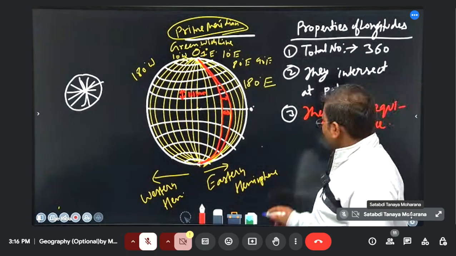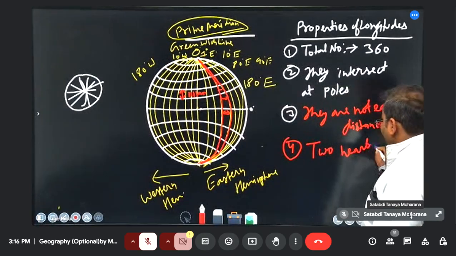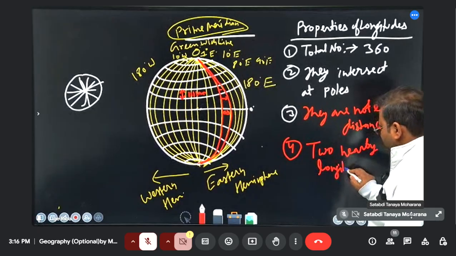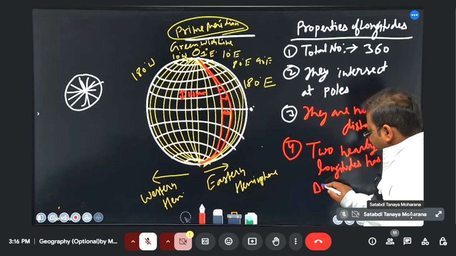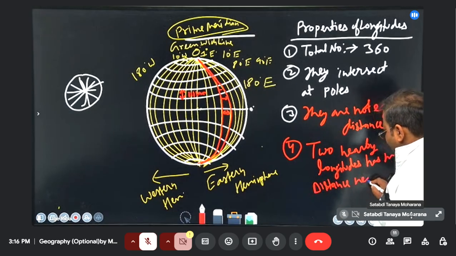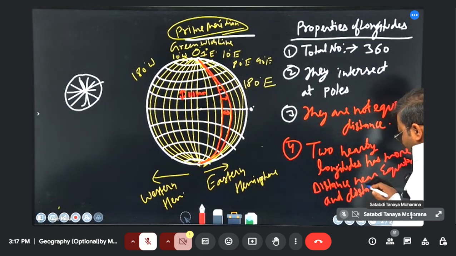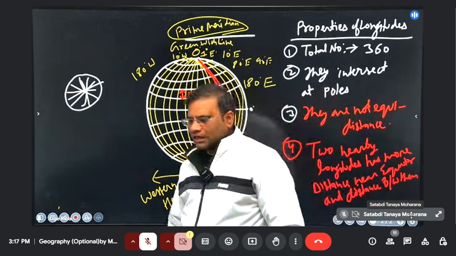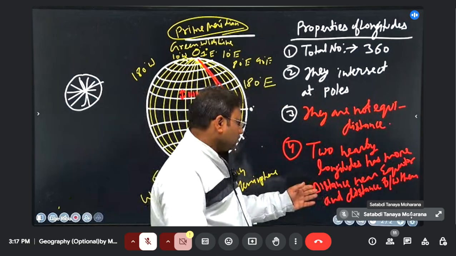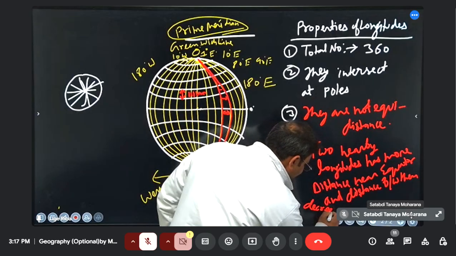Fourth thing: two nearby longitudes have more distance near the equator, and the distance between them decreases towards the poles.